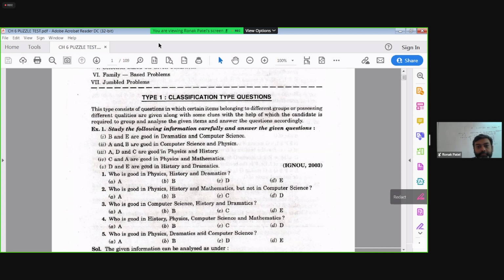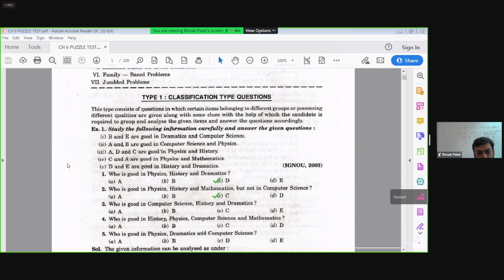Sure. Anyone, any answer? First is D. Yes, first is D. Chalo. Second one. C. Sure, C. Yes, sir.